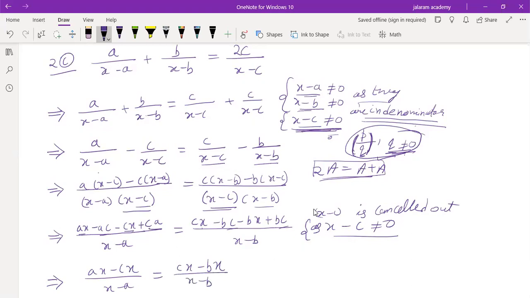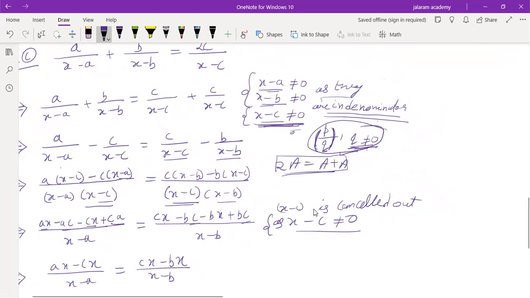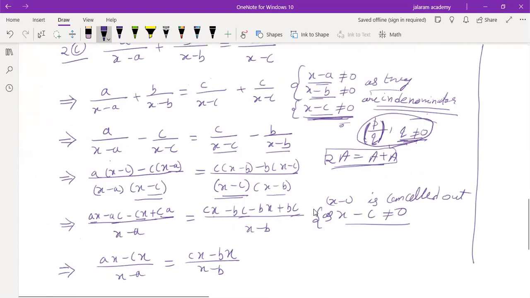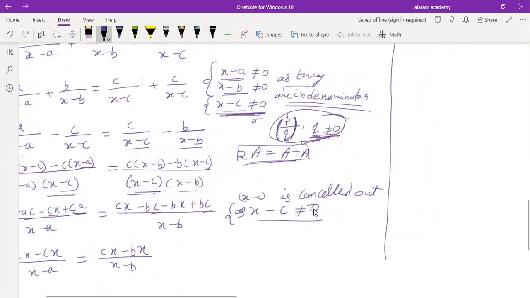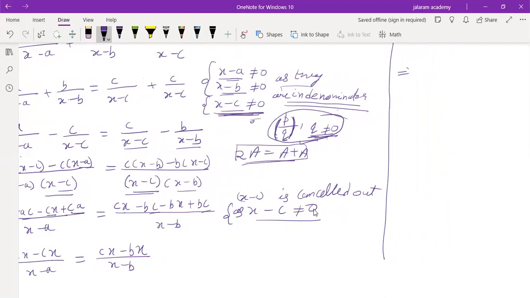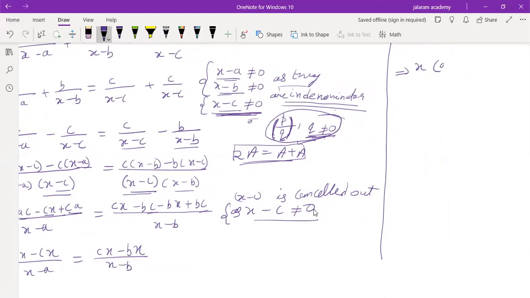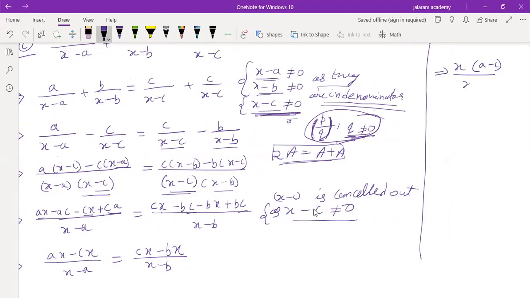Is that clear to everyone? Yes, sir. Okay. Now x is common in the numerator, right? So if we take x common in the numerator, it is x into a minus c over the denominator x minus a.